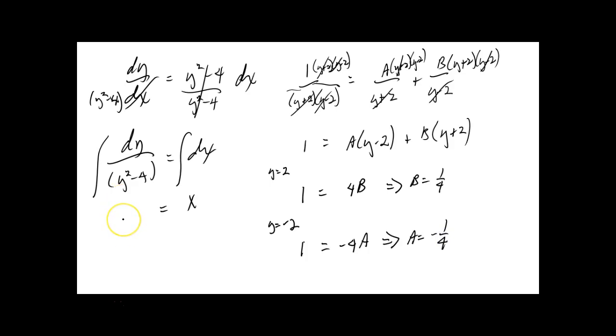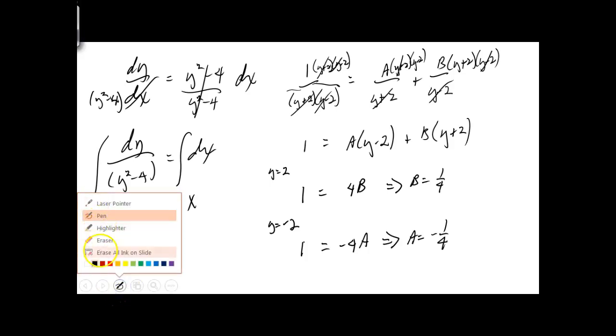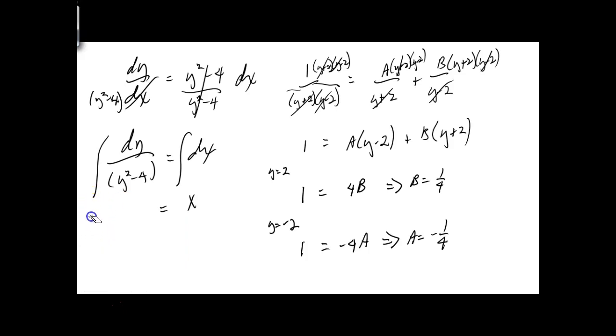So now we can rewrite our left-hand thing here to be the integral of, let's just write the b's first because it's positive. I'm going to put the 1/4 on the outside and then put both integrals in there because they both have 1/4.